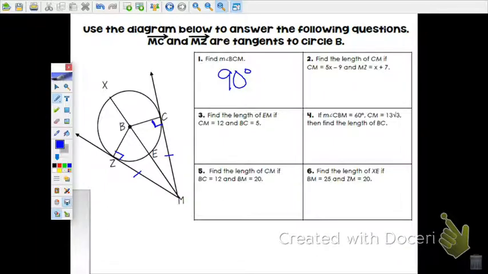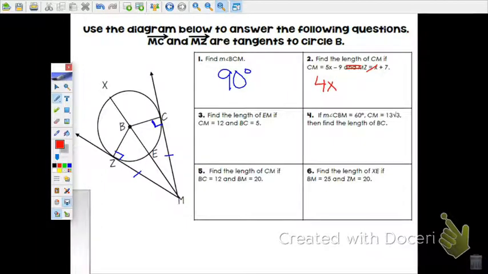Number 2 says to find the length of CM if CM is 5x minus 9 and MZ is x plus 7. So what am I going to do with that information? I'm going to set them equal to each other because those are the two segments that I know are congruent. So if 5x minus 9 is equal to x plus 7, I'm going to subtract x and get 4x.